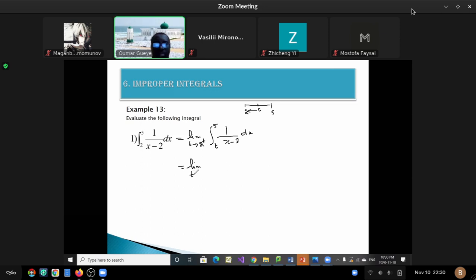So when t is approaching 2, we know this is an easy integral. What's the antiderivative of 1 over x minus 2? It's going to be ln of the absolute value of x minus 2, and we take it at t and at 5.